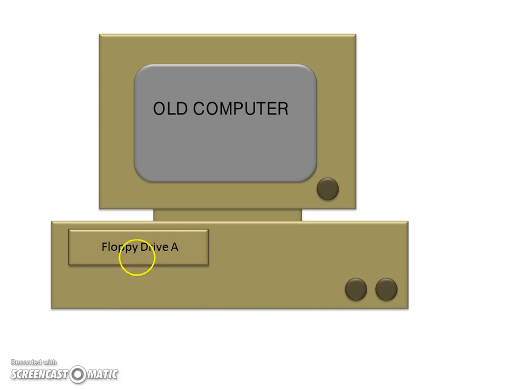So they had named this first floppy Floppy Drive A, because computers are very logical and they need to be told what goes in what order.